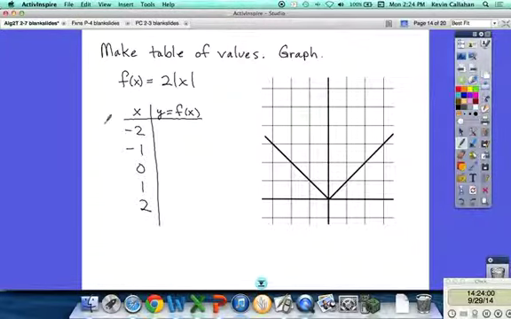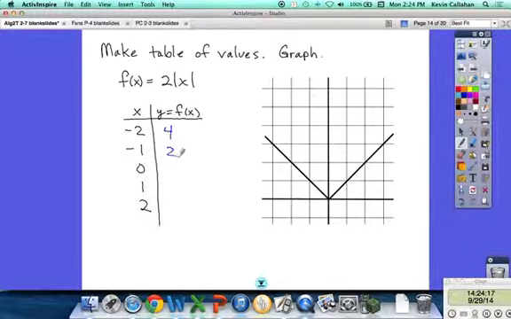So I'm going to use the same 5 points: -2, -1, 0, 1, 2. When I put in -2, the absolute value is 2, and then I multiply it by 2, and I get 4. So essentially, it's going to double all of my y values, right?